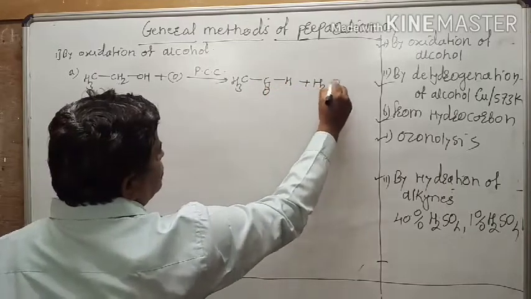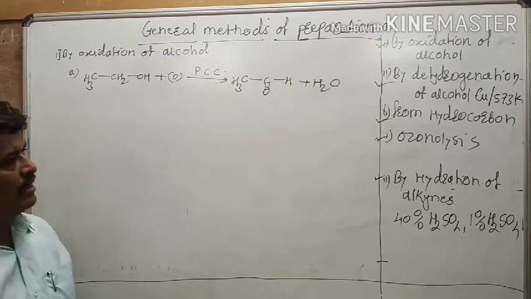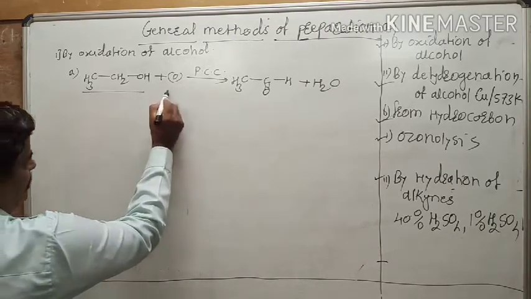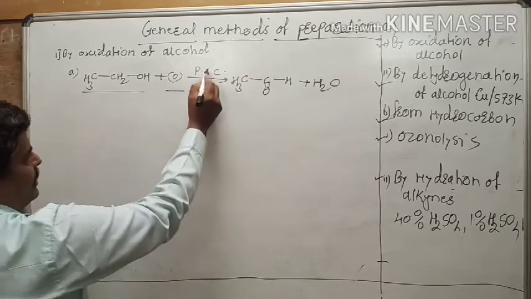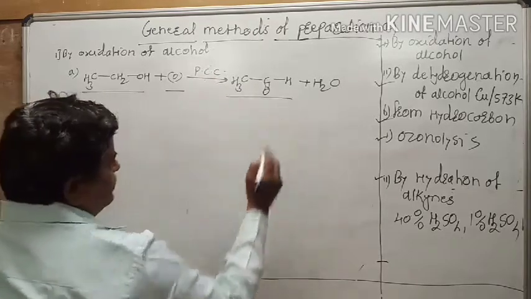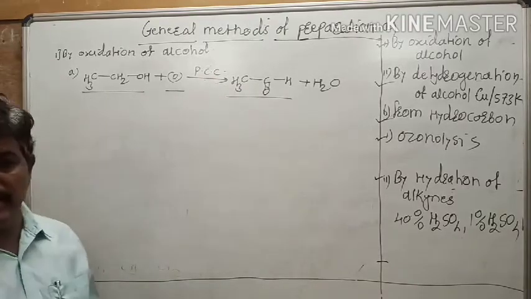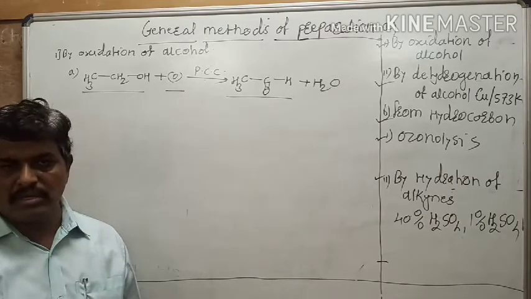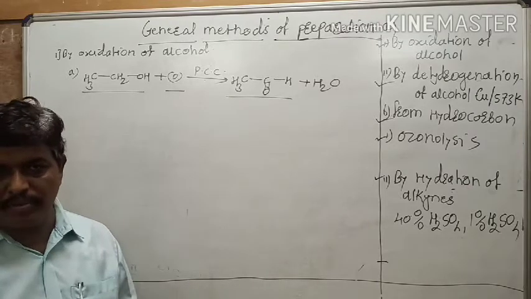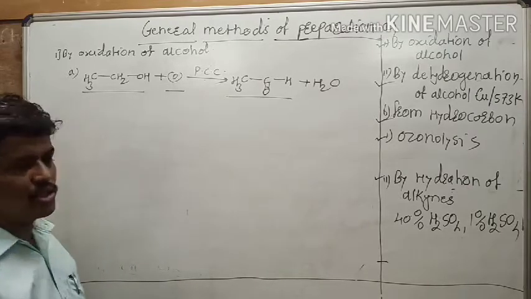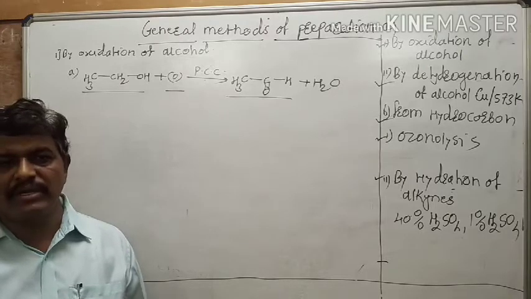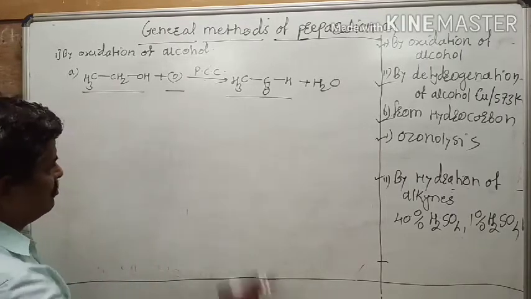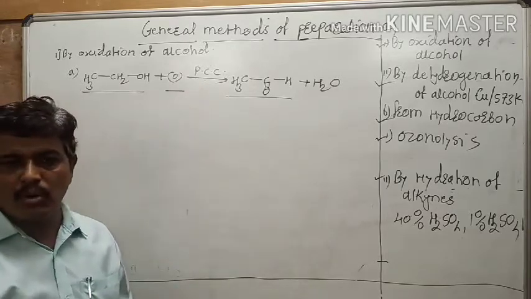This is one method which you learn in alcohol. Here we have to use pyridinium chlorochromate, because if we use acidified potassium dichromate, then the reaction never stops at the aldehydic stage, but we get carboxylic acid as a final product.